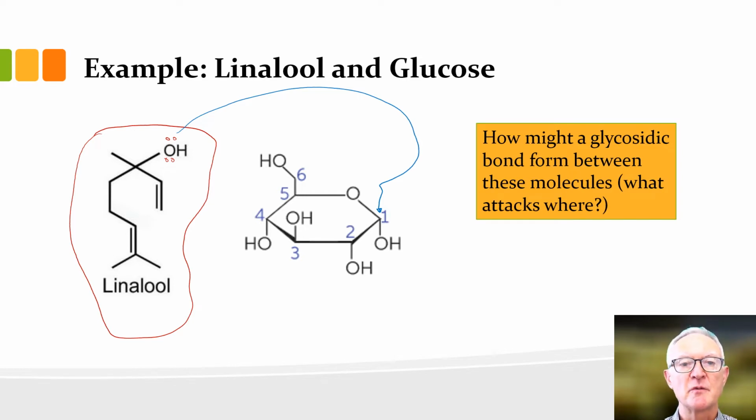Remember that from a couple videos ago. On this slide, we're looking at the second alcohol, i.e. the hydroxyl group on linalool, attacking then and changing the hemiacetal into an acetal.